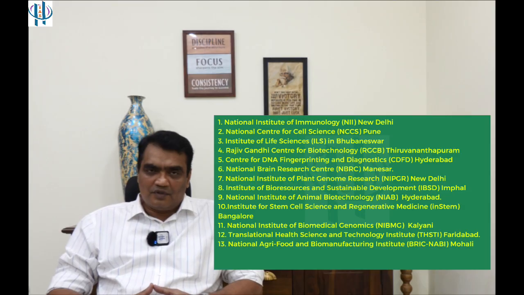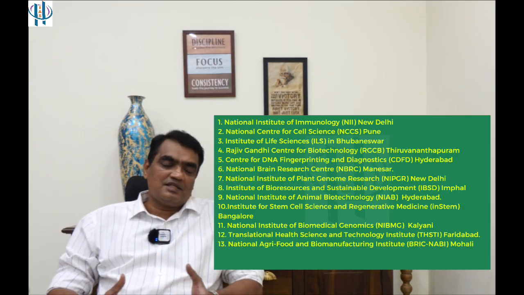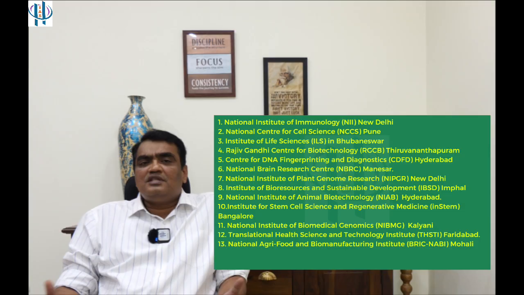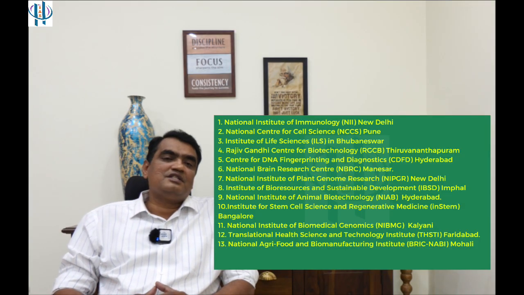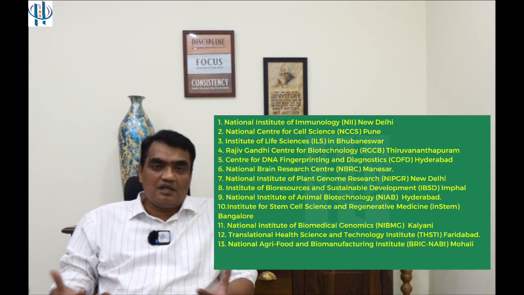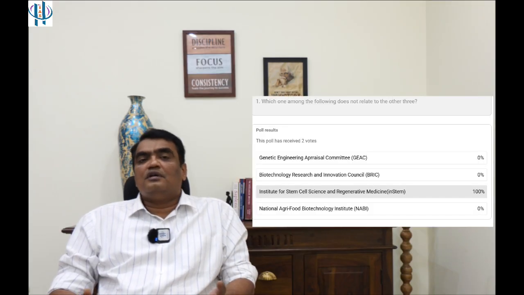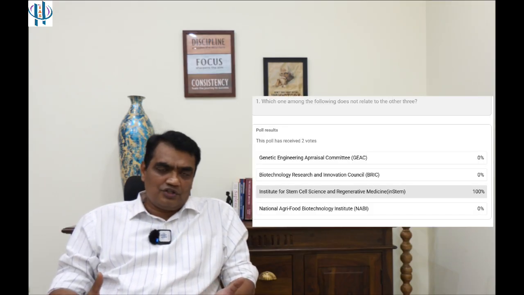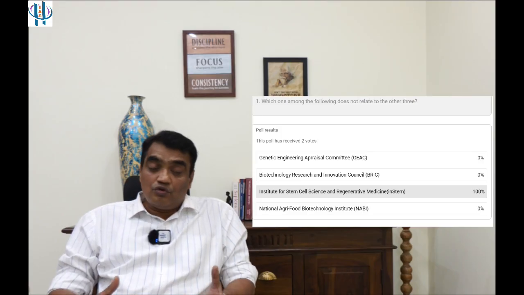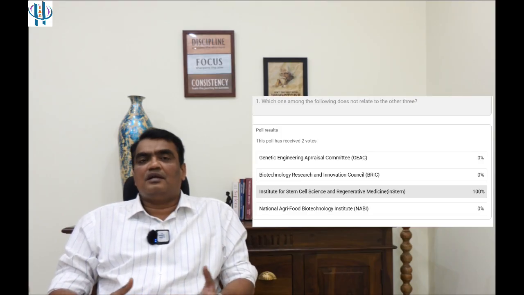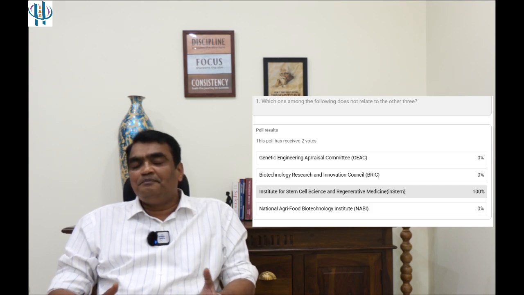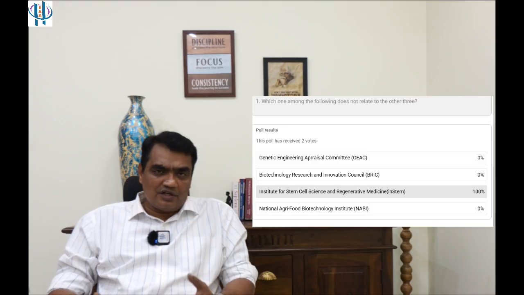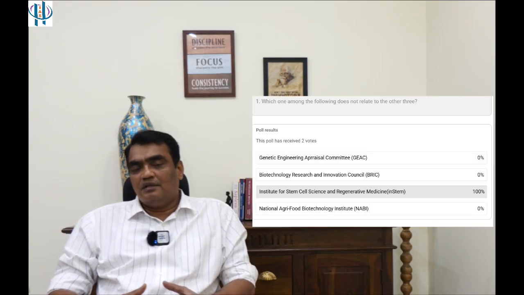If you look at INSTEM, the Institute for Stem Cell Science and Regenerative Medicine, this is at Bengaluru. Stem cells are considered miracle cells, as you know, and they can be used for the regeneration of many degenerative tissues and organs in neurodegenerative diseases like, for example, Alzheimer's and Parkinson's, and especially they can be used for regenerating in type 1 diabetes.